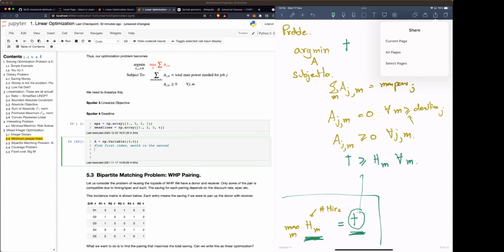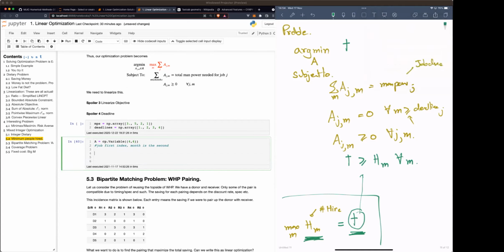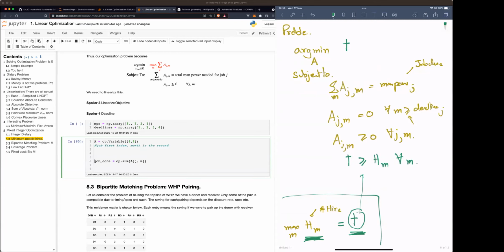So I say that job done is a constraint to say that a cp.sum of A, let me show you the syntax, sum every month, right? J and n. I can write this in one line, except you're not gonna be happy with me.